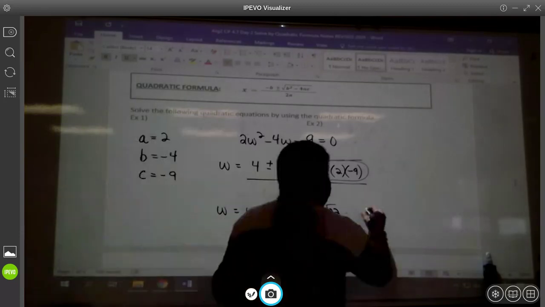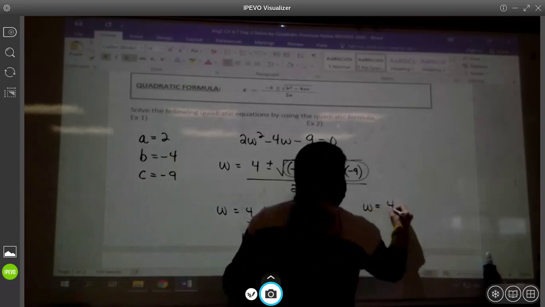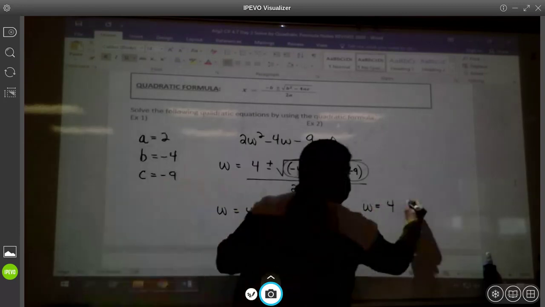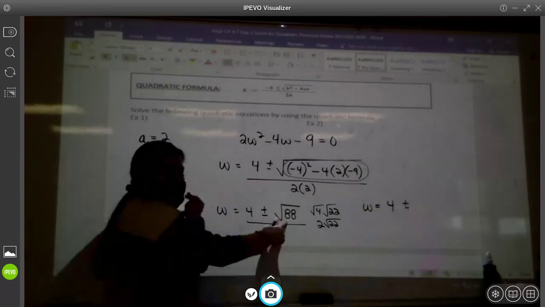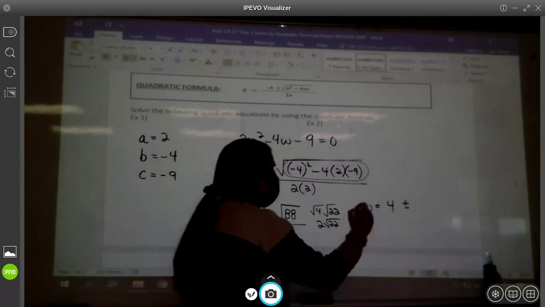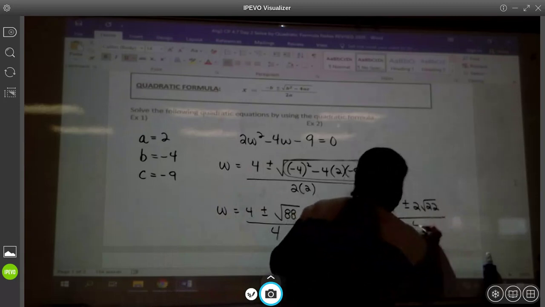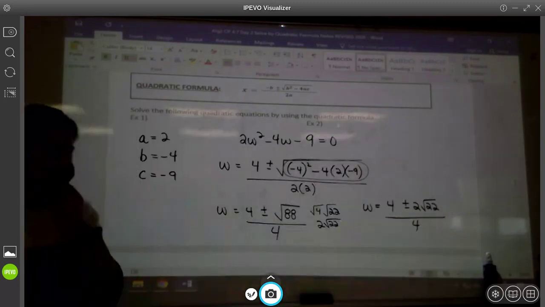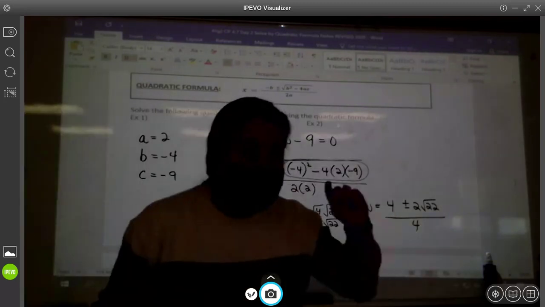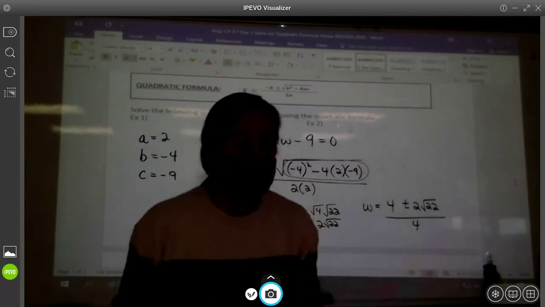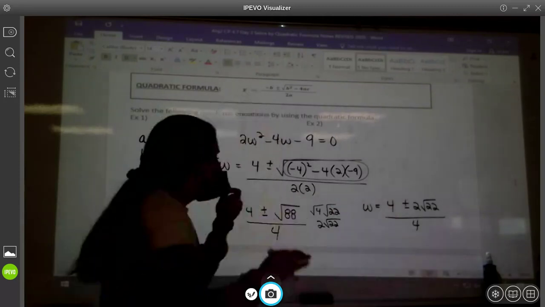So now we're going to say W equals 4 plus or minus, not the square root of 88, I want his simplified answer, 2 times the square root of 22. And then all of that is still divided by 4. Okay, so we can definitely say that we've simplified our square root. Now you have to worry about the fractions.